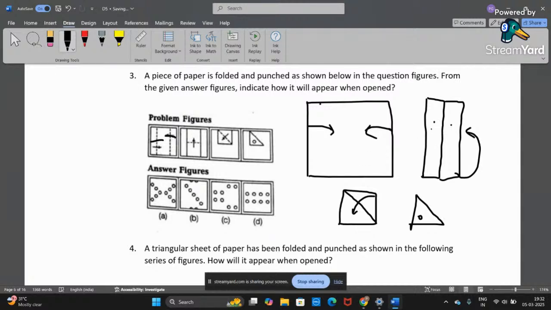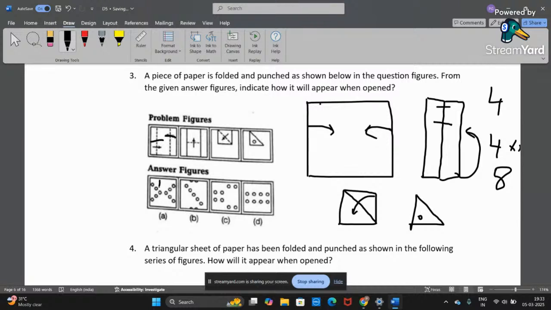Back side 1 layer will be there. And even that will get punched, right? Okay, let's consider this as 1 layer, back side as 1 layer. Okay, 2 layers are there. Then the folding. So 2 into 2, 4. Again they are folding, right? 4 into 2 it is 8. If they're making one dot, then how many dots should be there? 8, right? Now let's see the answer.